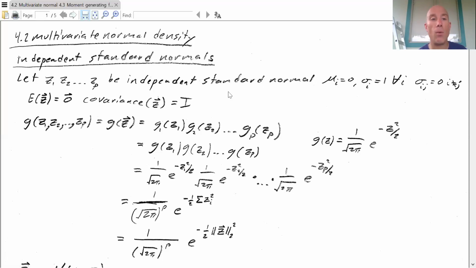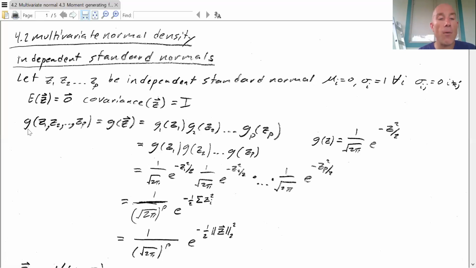Now, what we've also got, since I'm saying that mu is always equal to 0 for each of the individual z's, means that the expected value for the vector of z's is going to be the 0 vector. Shocking, I know. Okay, so let's go ahead and start from here, and let's get the density for the vector of z's.